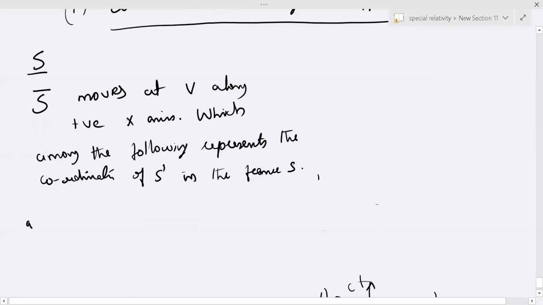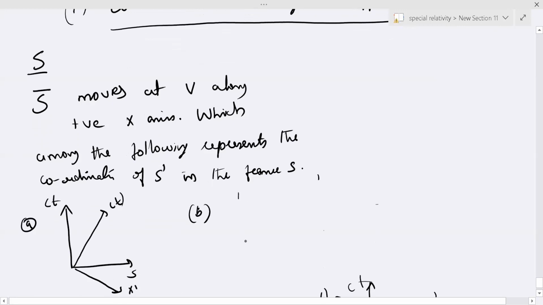Option A goes like this. This is the coordinate system S. We've got ct bar and x bar. This is option A. Is this true? Or we have option B, which corresponds to ct prime x prime.